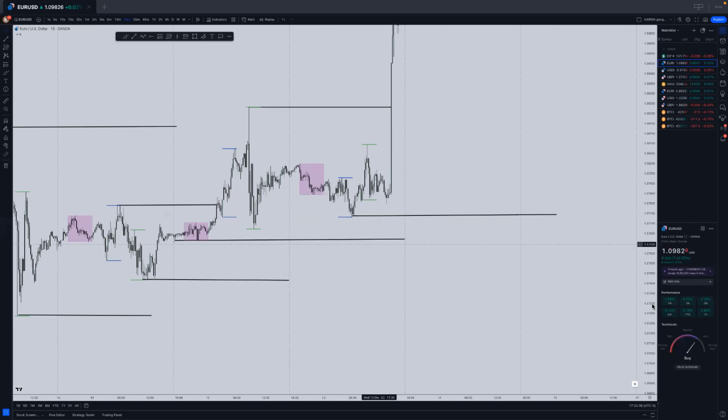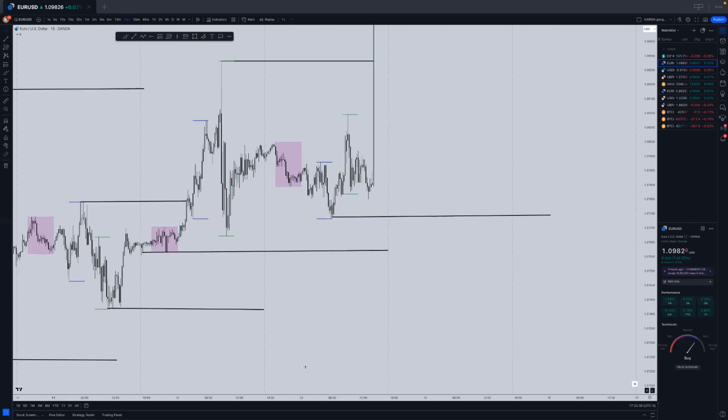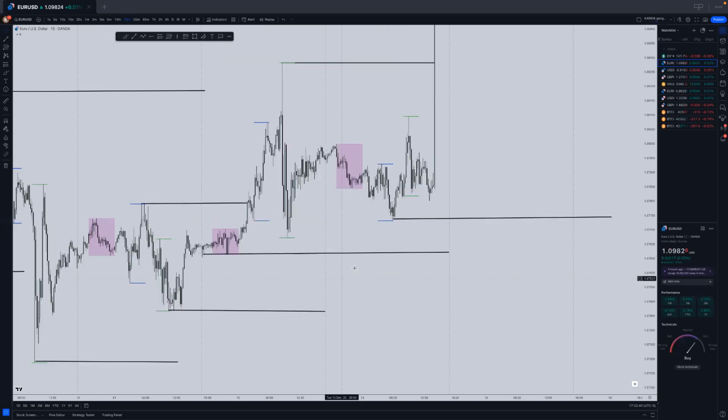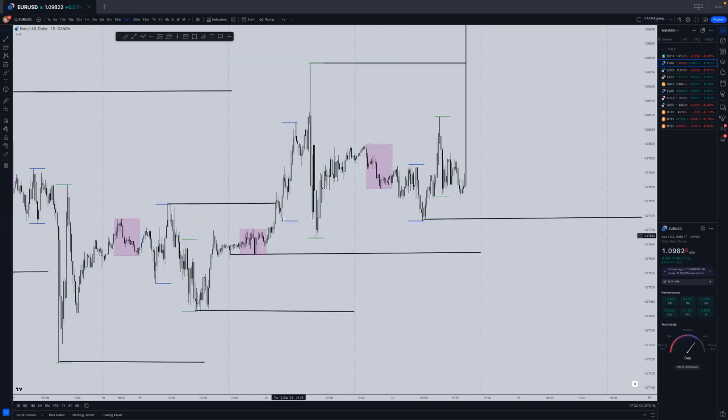Okay, come in. So look at this. Previous session low. Previous session high. Incomplete pullback because we have a fair value gap inside here.